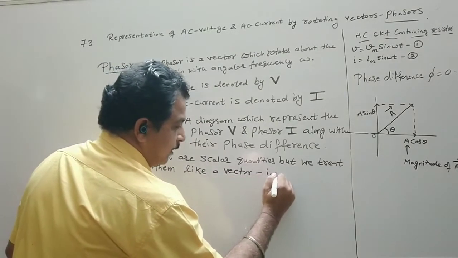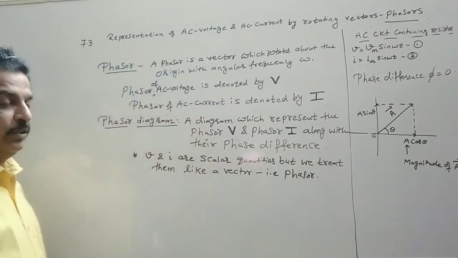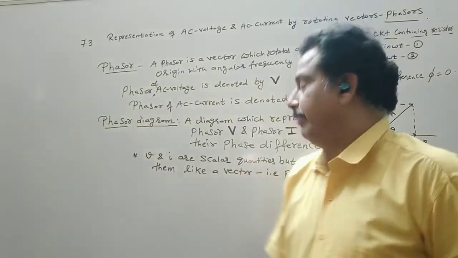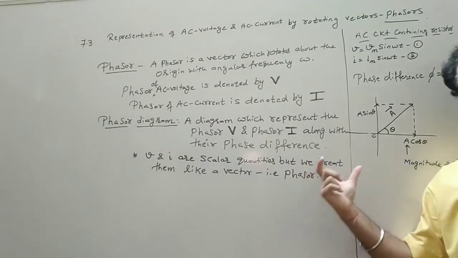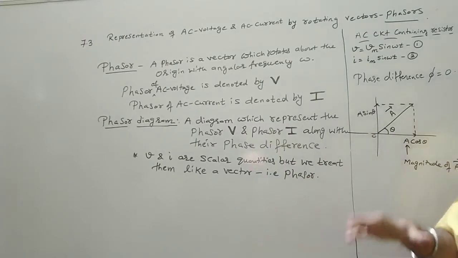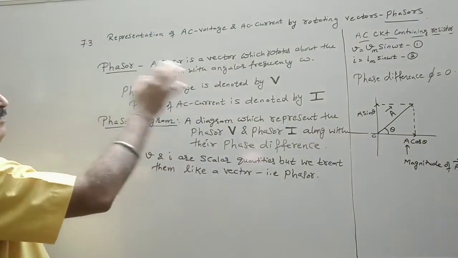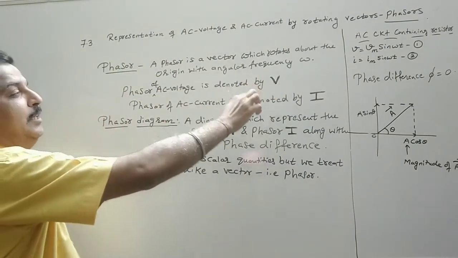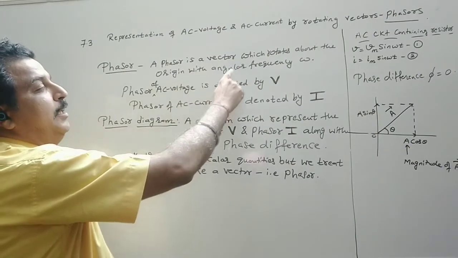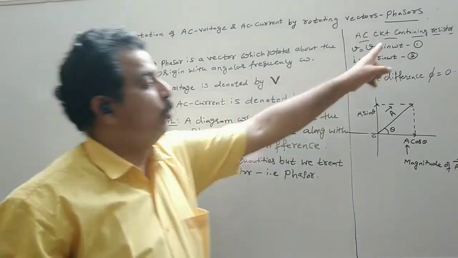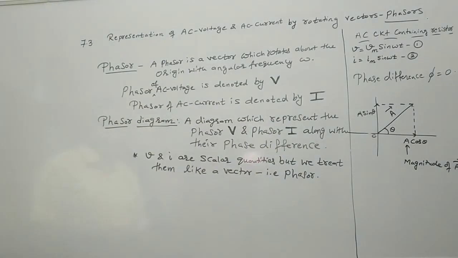That is, we cannot call them a vector, so we introduced a new concept which is called a phasor. Now, whenever I say phasor V, I mean a V which will rotate about the origin with angular frequency omega. So now let us see how to draw the phasor.